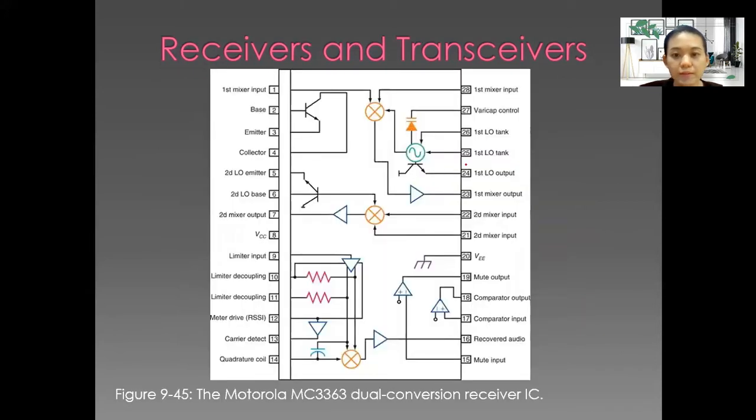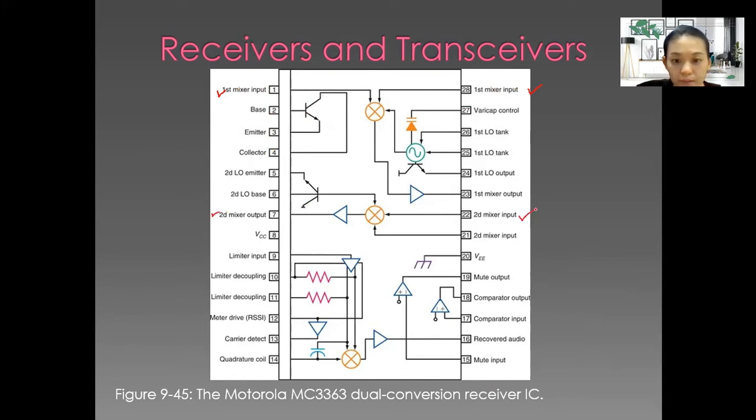Okay, so this is the figure of the circuit of the Motorola MC3363 dual conversion receiver IC. From here we know that we have the mixer, the mixer input, and this one is the base, emitter, collector for the amplifier. And we also have a second mixer.